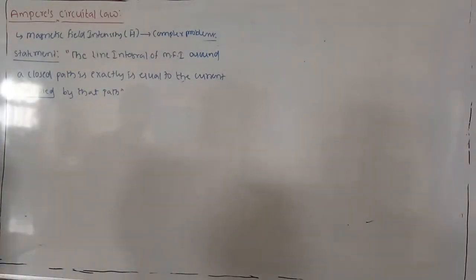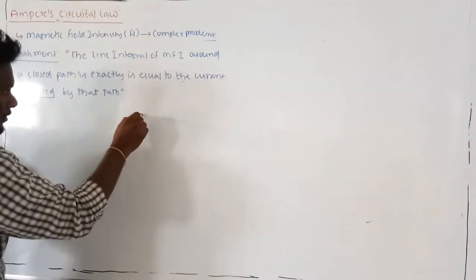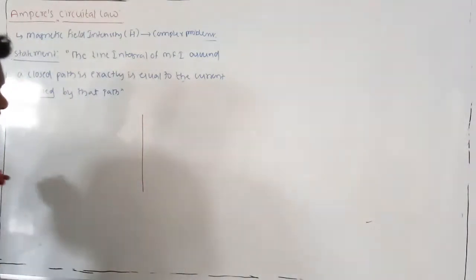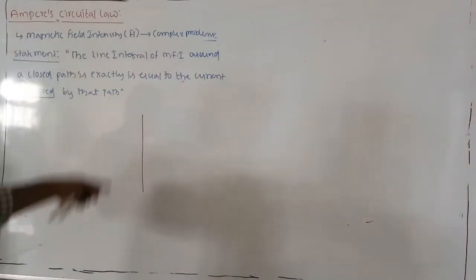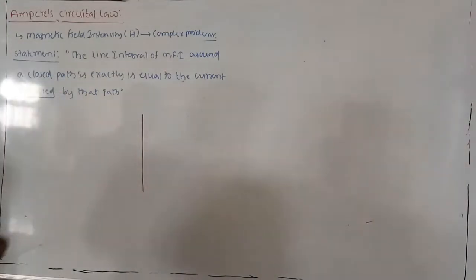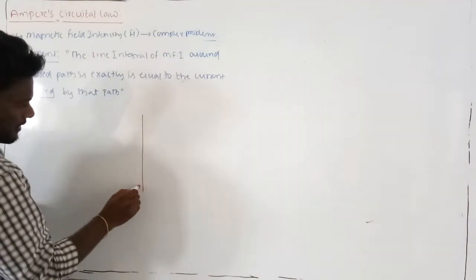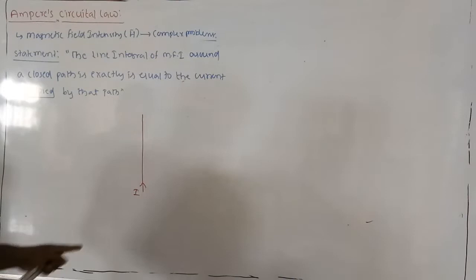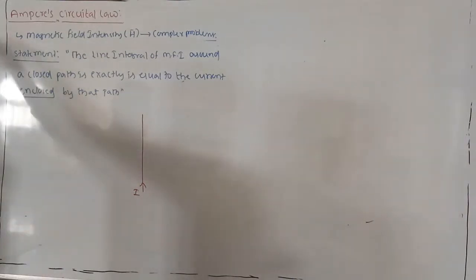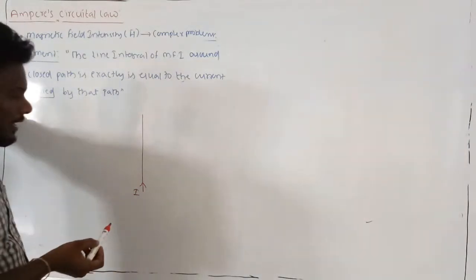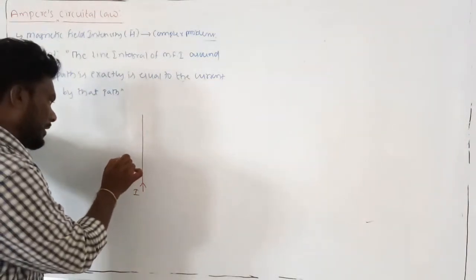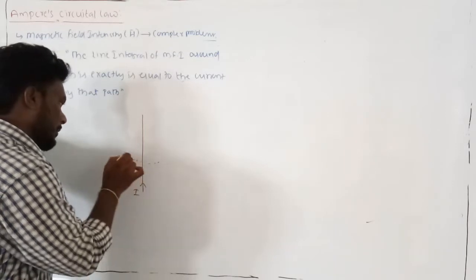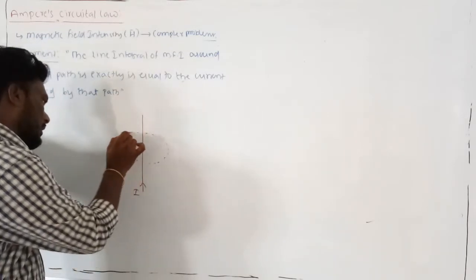Now, to understand the statement, just take a simple conductor in a straight line, like a straight conductor. Now send I amount of current through the conductor. You already know that according to the Oersted experiment, whenever a conductor is carrying current, it produces a magnetic field around the conductor like this.